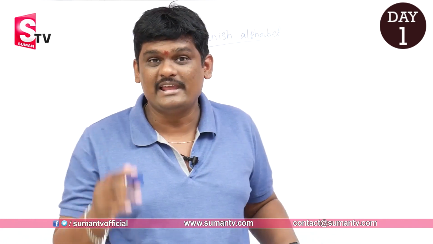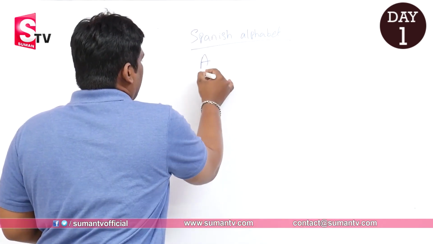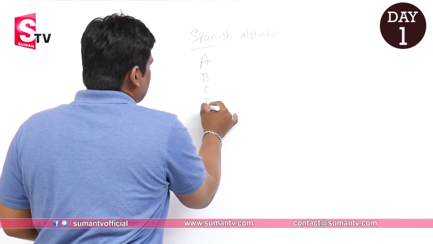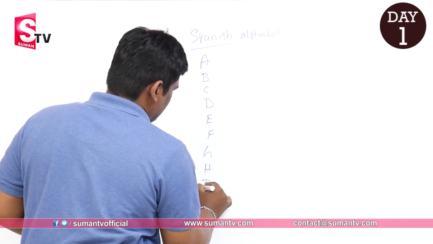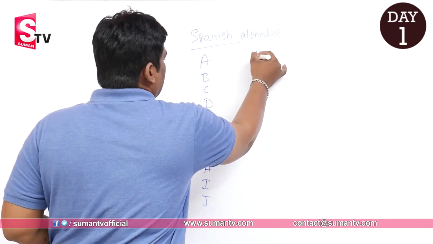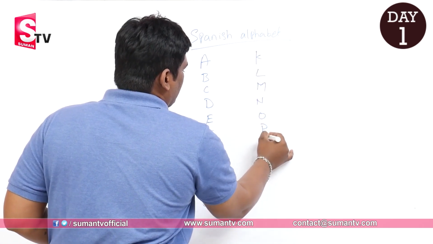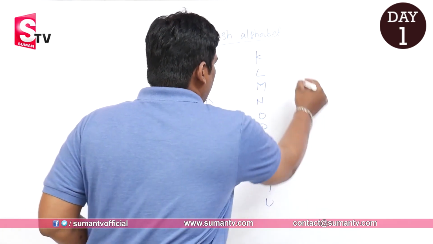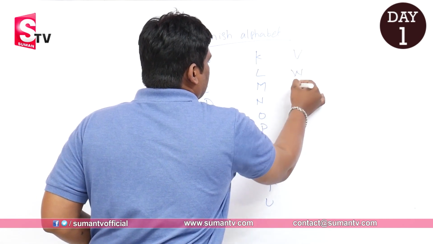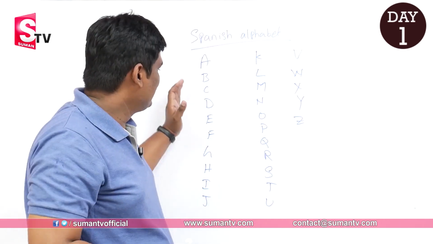So now we're going to write the English alphabet from A to Z: A, B, C, D, E, F, G, H, I, J, K, L, M, N, O, P, Q, R, S, T, U, V, W, X, Y, Z. These are the 26 letters in English.